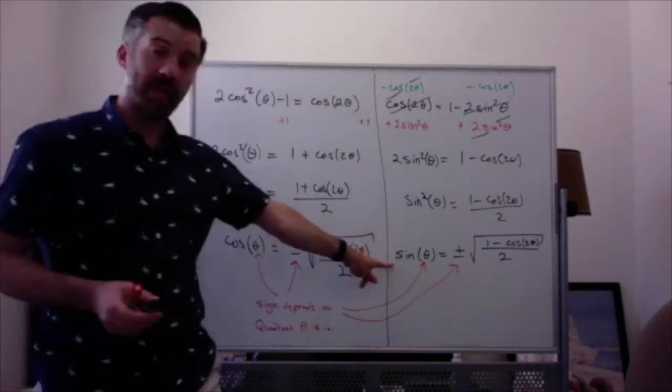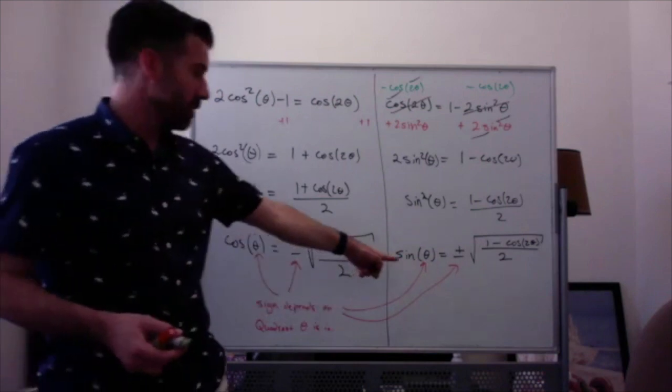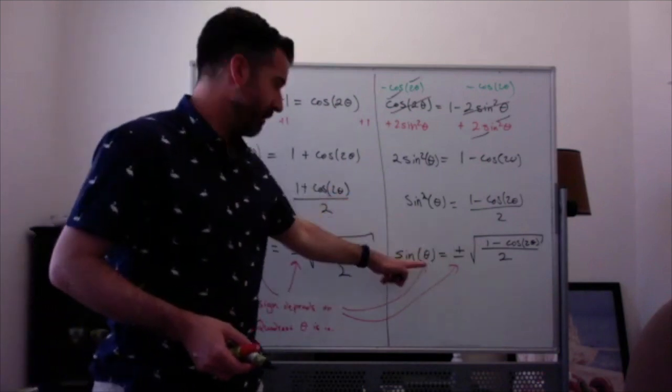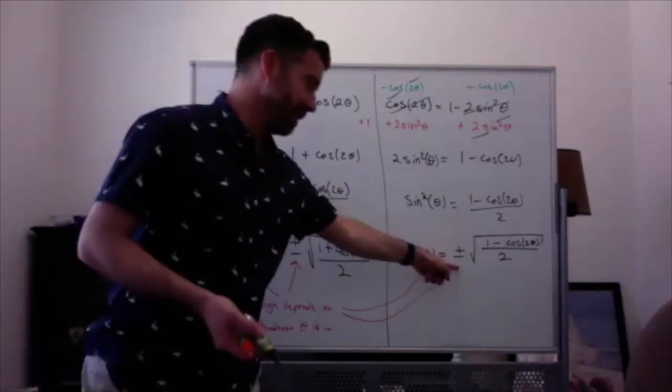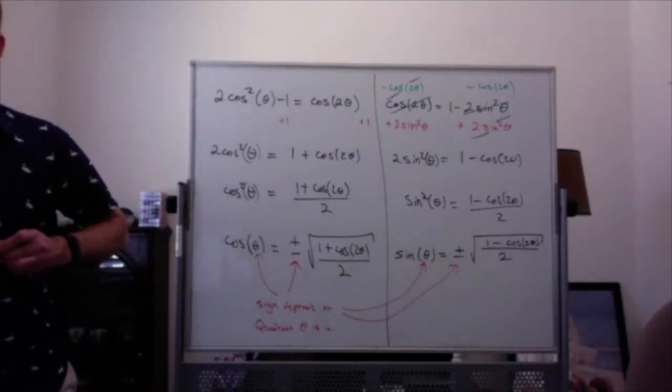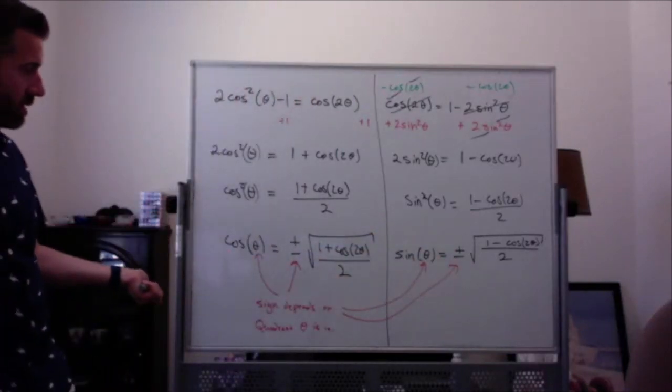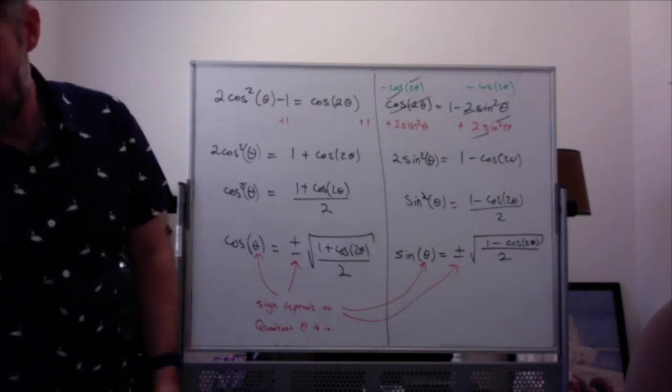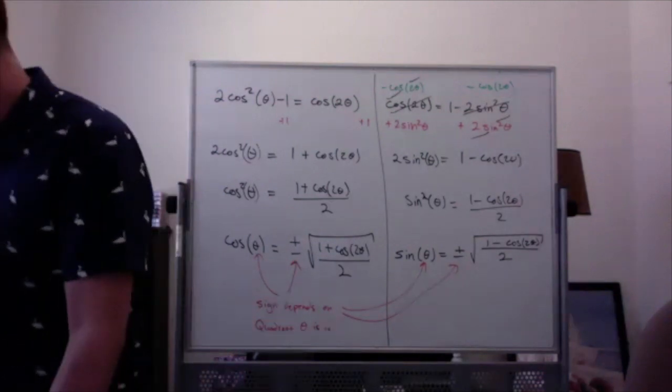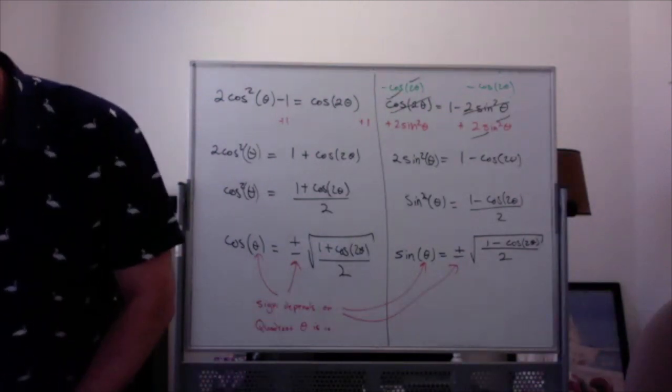But here it's the sine function, so if theta was in quadrant 2, it'd be positive. And if theta was in quadrant 3 or 4, it'd be negative. Okay, so those are the half angle formulas. And we can use them to evaluate some angles that we know that we couldn't before.